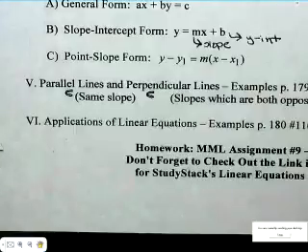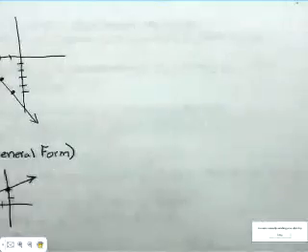For example, 46 through 70. I'm certainly not going to do all of those, but all of 46 through 70 say find the equation of the line.